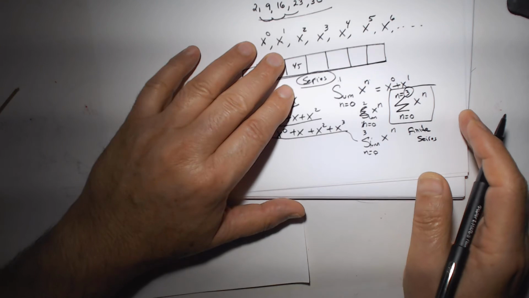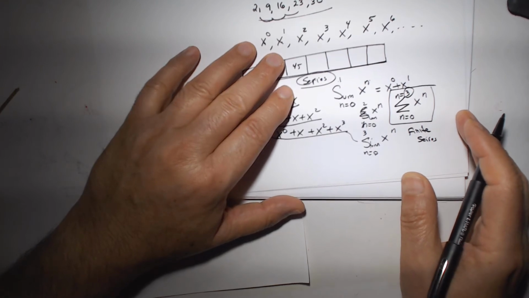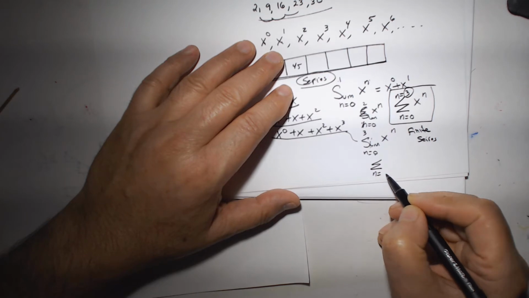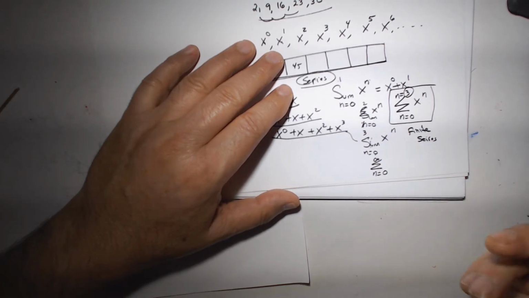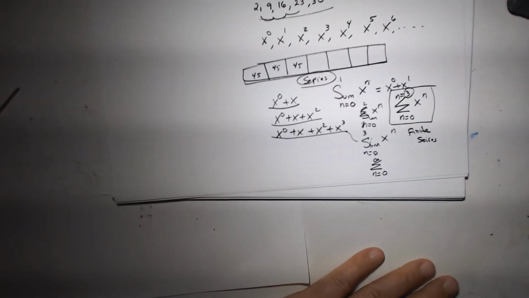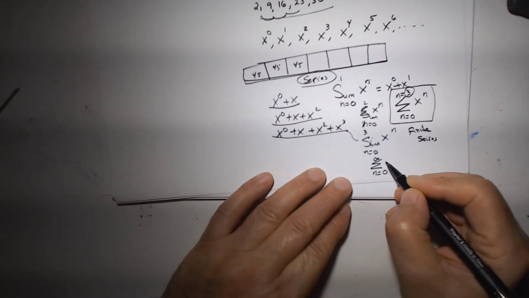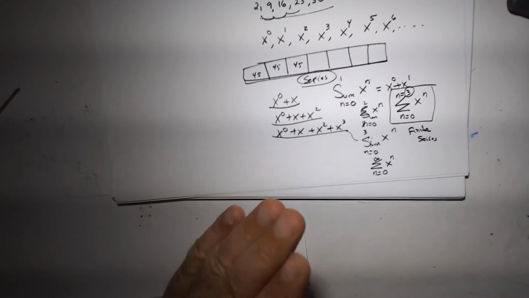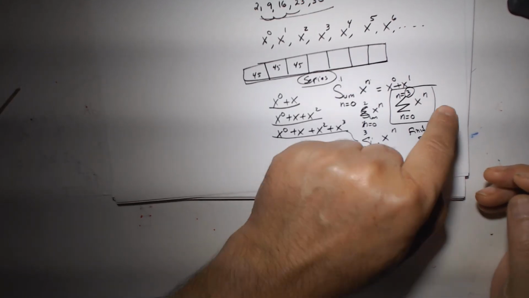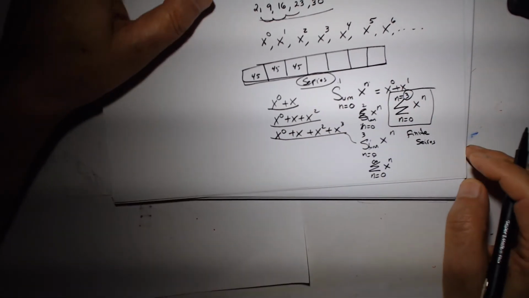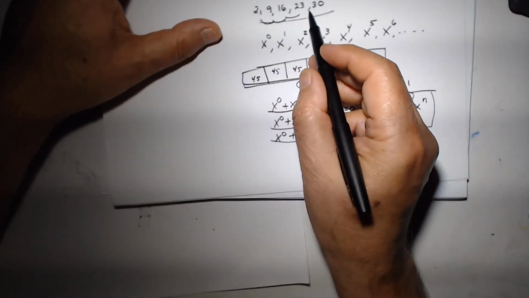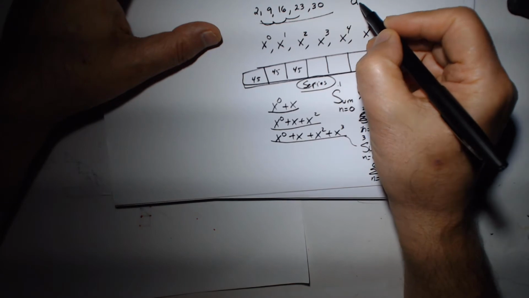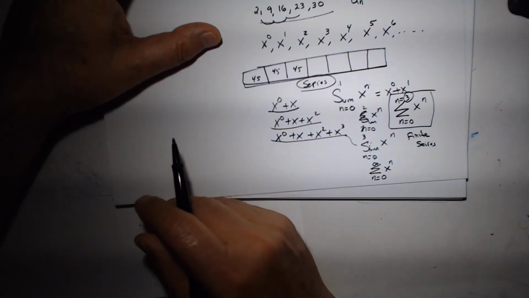But there are many cases where you start from n equal to 0 and you go all the way to infinity. And that is the sum of x to the power of n. But remember, I'm not going to use x all the time. What did we use to represent the sequences? We use a sub n.